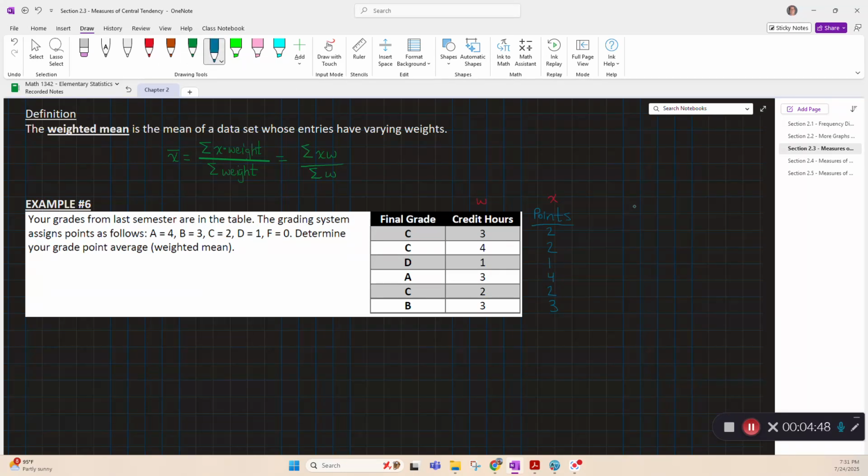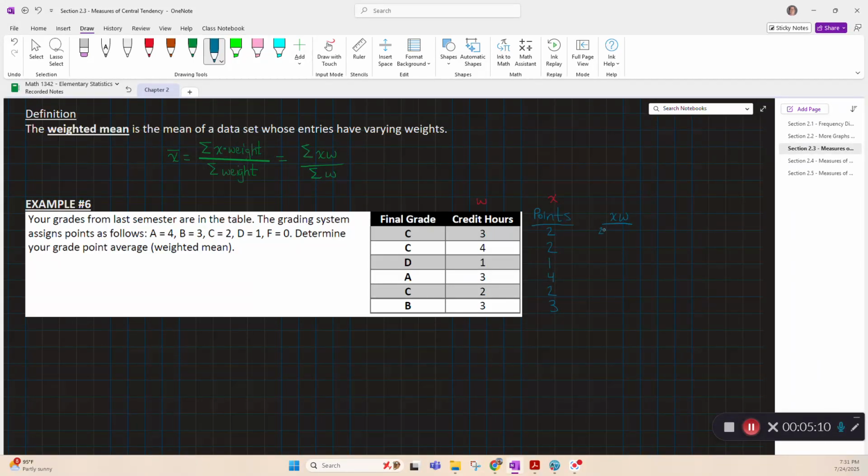So I need another column to calculate the sum of the x times the w's. I'm literally multiplying these. I just need xw.